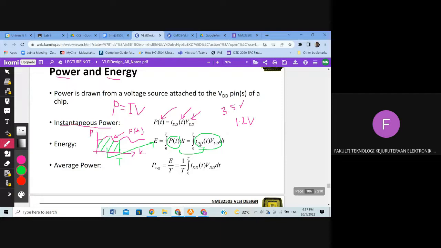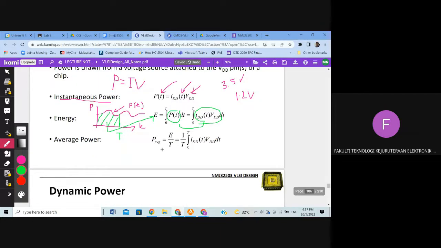Then to get the average power: average power is defined by energy divided by T. So E divided by T gives the average power.